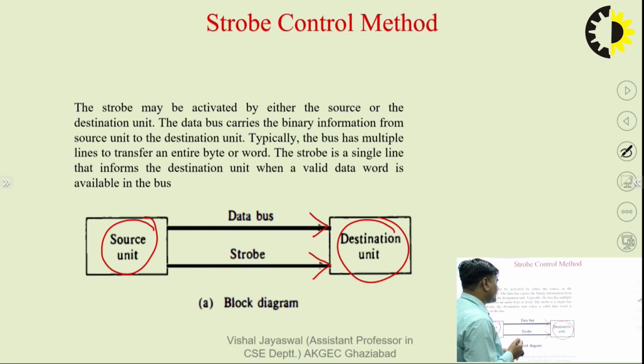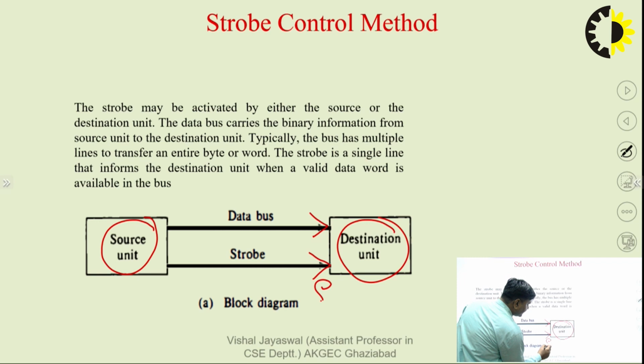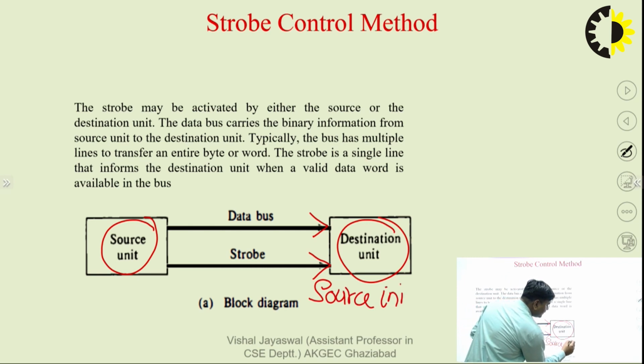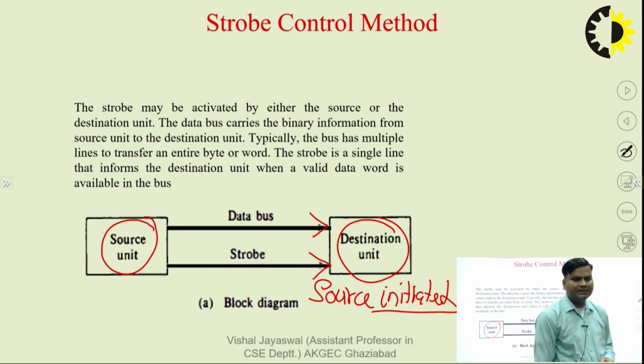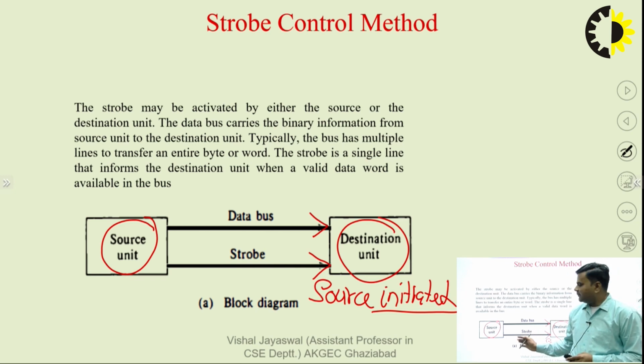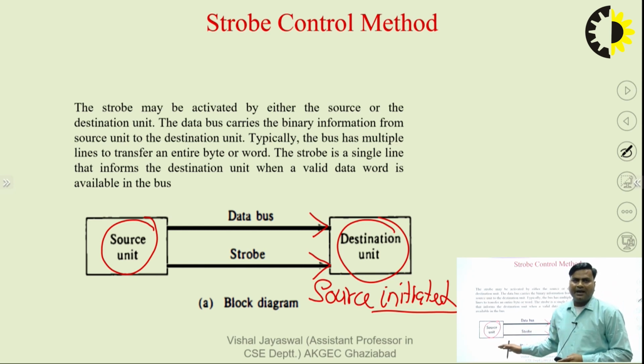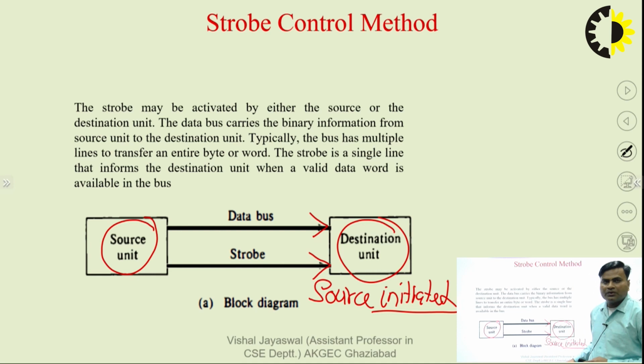This is the block diagram for the source-initiated case. Why source initiated? Because in this case the source activates the strobe pulse. The strobe pulse is a control signal activated by the source, so this method is called the source-initiated method.